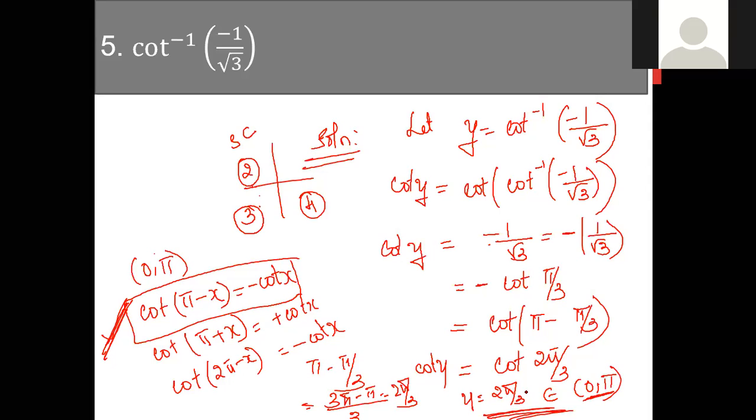Those who got the answer, did you follow the same method? Yes. Okay, so you have understood. Those who got 2 pi by 3 as the answer earlier, did you follow the same method? Okay, fine. So we'll move on to the next question.